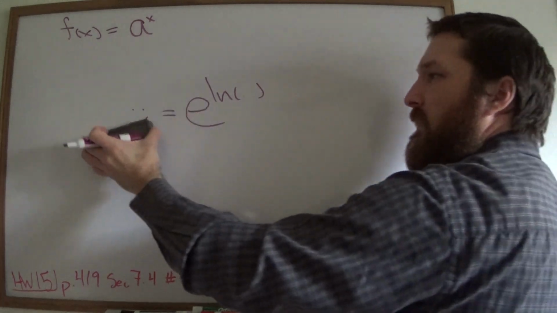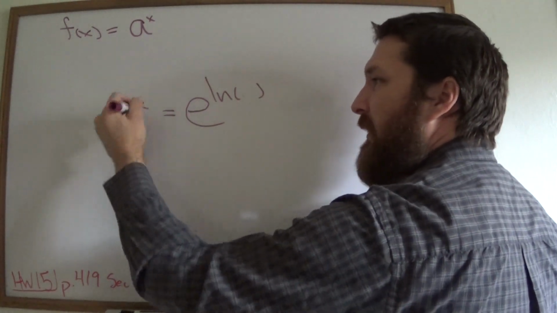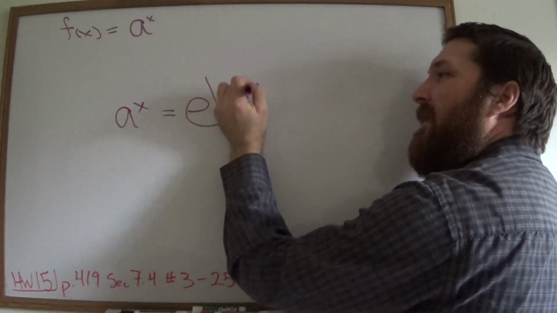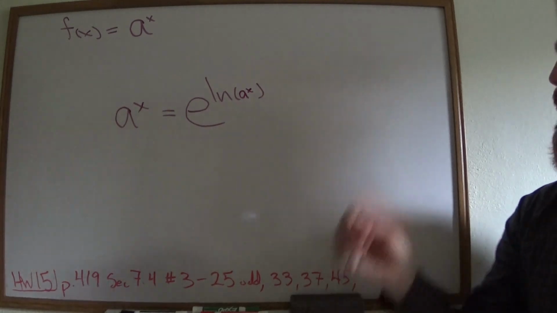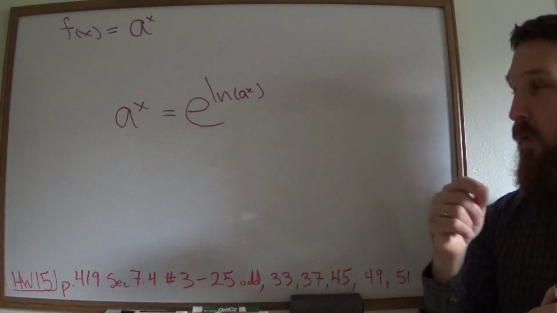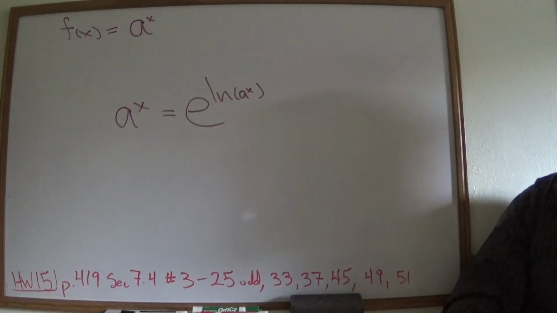So let me ask you this question. If I write a to the x right here, what do I need to write right here? A to the x. And if you remember, I said this back in Algebra 2, every exponential function is just e in disguise.